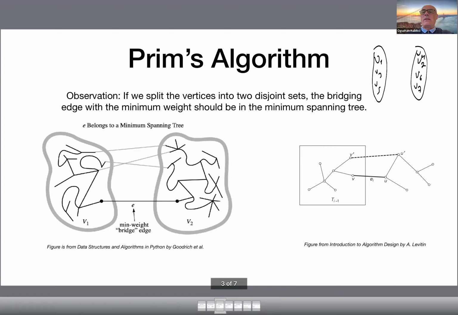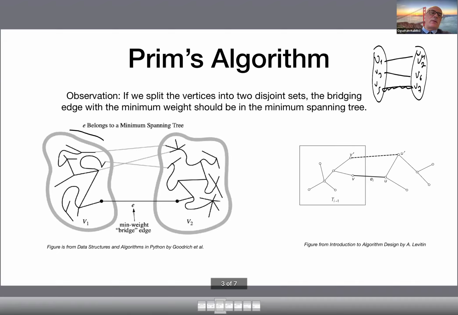And there are bridging edges between these two sets. The observation tells us that if that is the case, then the minimum spanning tree should include the minimum cost bridging edge here. Let me repeat it again.